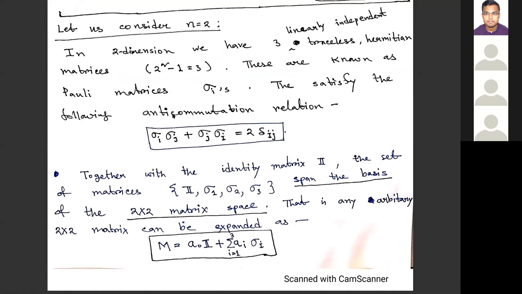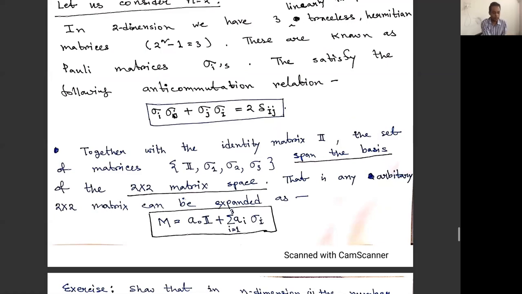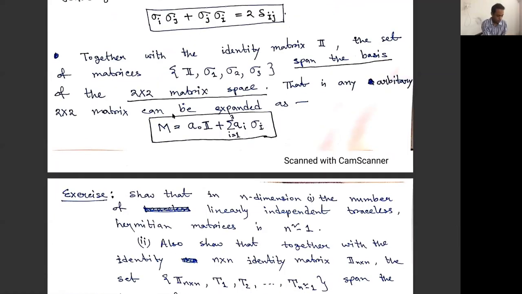Now, in 2 dimensions, how many linearly independent traceless Hermitian matrices can we have? At least, let's ask this: in 2 dimensions, meaning in the 2 by 2 matrix space, how many linearly independent Hermitian matrices can we have?